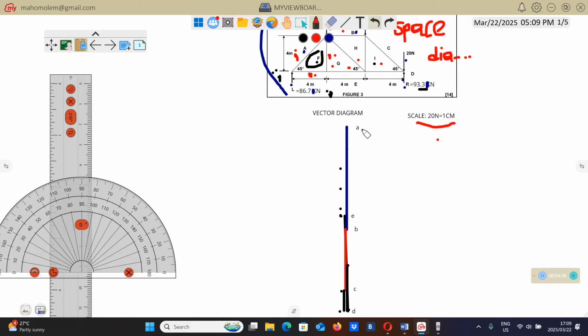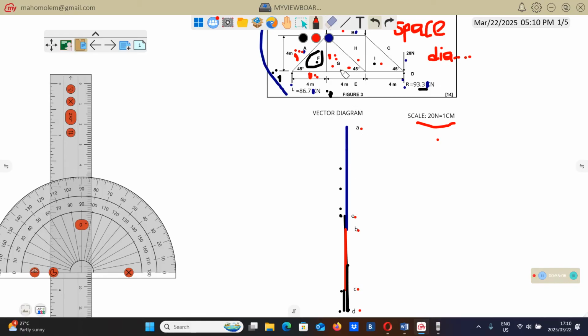Remember, on this vector diagram we already have points A, E, B, C, D. So from these three spaces, we are going to use two. It's either A and E, or G and E, or whichever. Any two. So we'll see how to pair them. But whatever you choose, it must already be here.